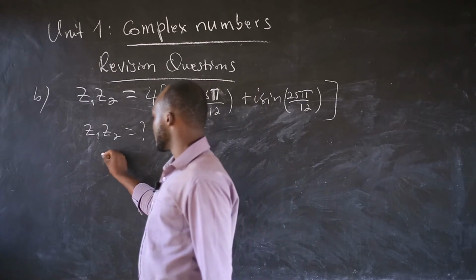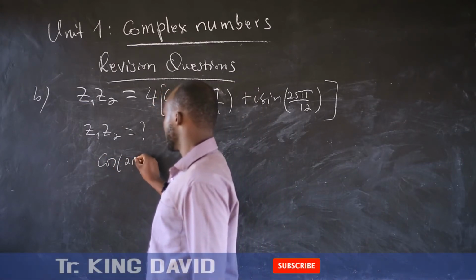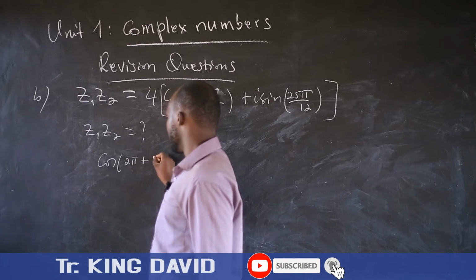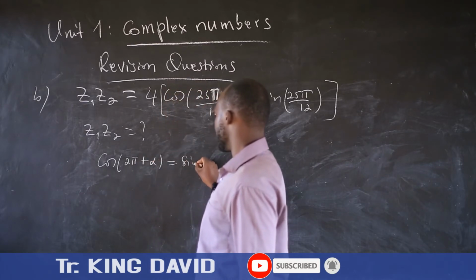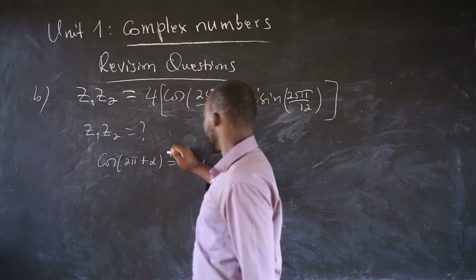You know when you have cos of 2 pi plus alpha, this is the same as cos alpha.